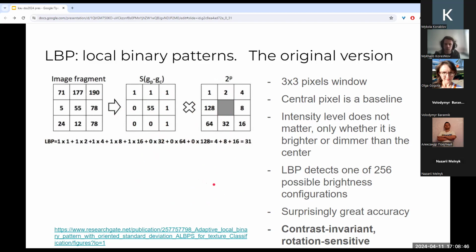A little bit about why this thing works. Firstly, as we use only differences and only the sign, we are kind of invariant to contrast changes. Well, not to changes in lighting condition when you are lighting from different sides.